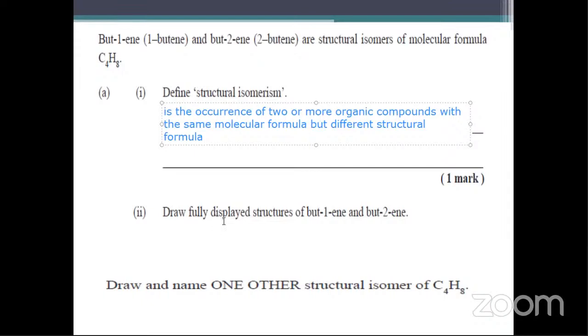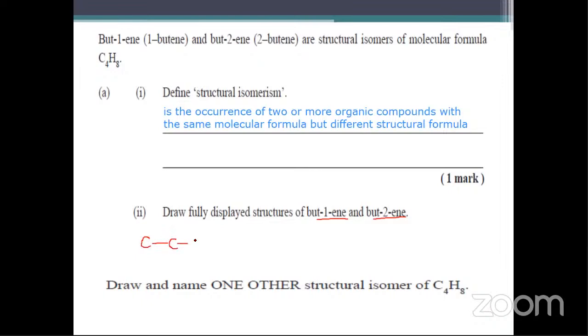Then it says to draw fully displayed structures of but1-ene and but2-ene. So how would we draw them? First of all, let's try but1-ene. How many carbons will it have? It would have 4 carbons, right?